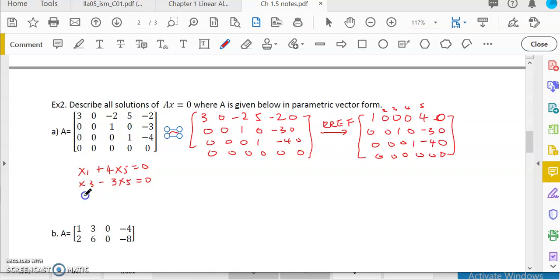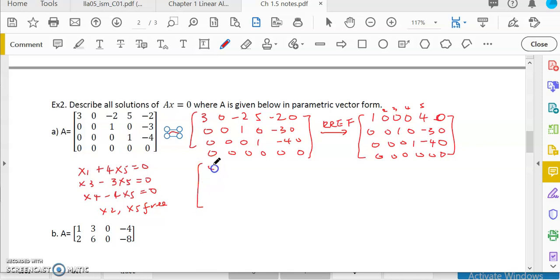They only have x4. And then x4 minus 4x5 is also equal to 0. Which one is free? These three are the pivot columns, so x2 and x5 are free, right? x2, x5 free.